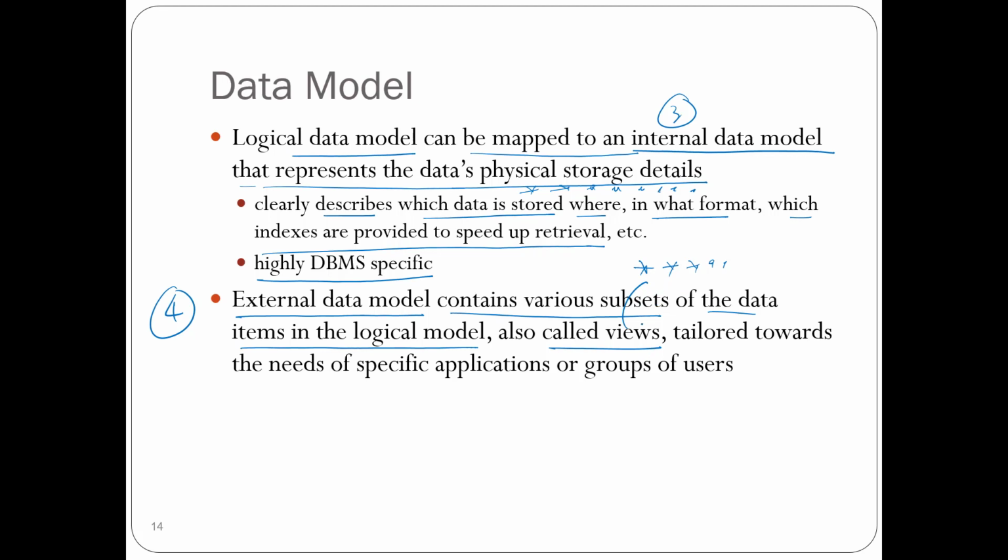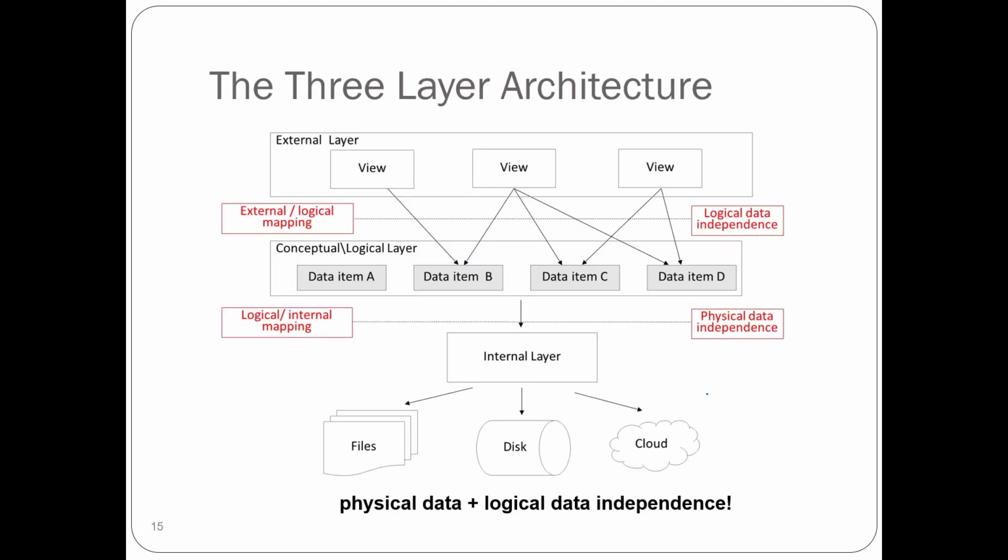But for the time being, you can consider views as the example of an external data model. And what external data models do, they are tailored towards the needs of specific applications or groups of users, right? So I don't want to explain too much right here because I have some very interesting pictures. I'll use those pictures to explain these things in more detail.